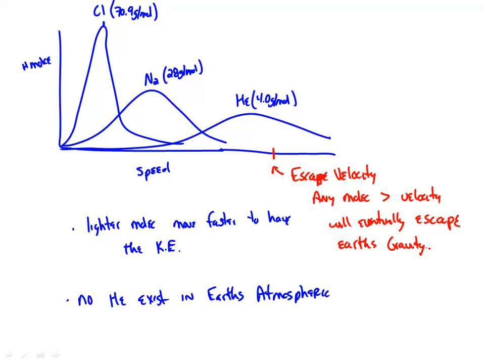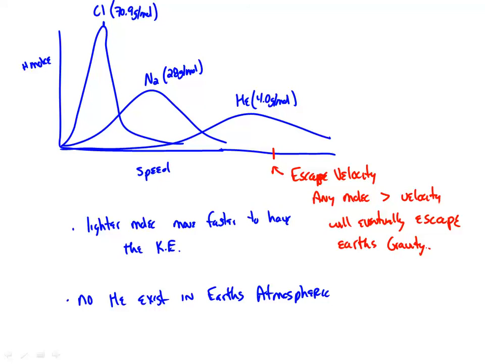Now, if you go to another planet, say for instance Mars, what do you know about the atmosphere of Mars? Yeah, it's mostly carbon dioxide, and one of the reasons is that the escape velocity on Mars is lower because it has less gravity than Earth, and so there's a lot less oxygen present on Mars because most of the oxygen has escaped.